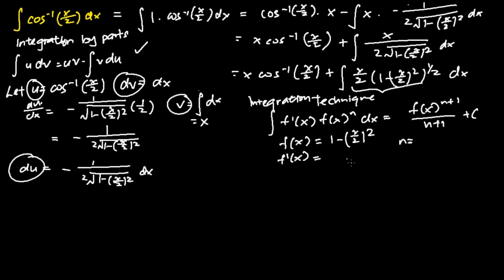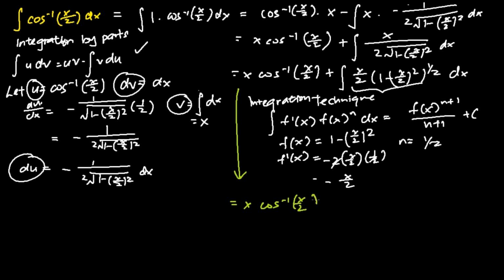If I were to differentiate my f(x), I get minus 2 times x over 2, differentiating x over 2, I get half. And I cancel, and this gives me minus x over 2. And hence the next step from here, I express slightly differently from the previous step.